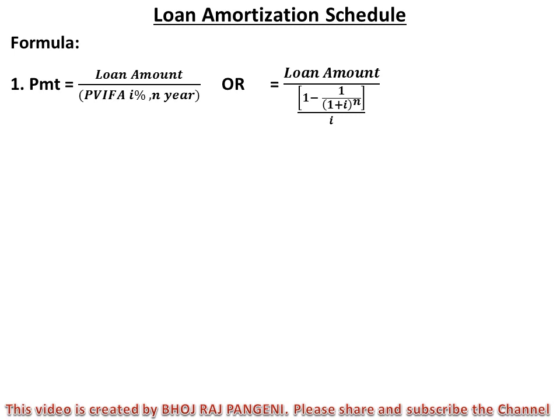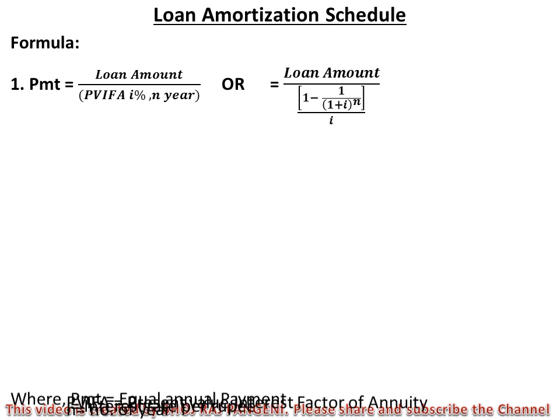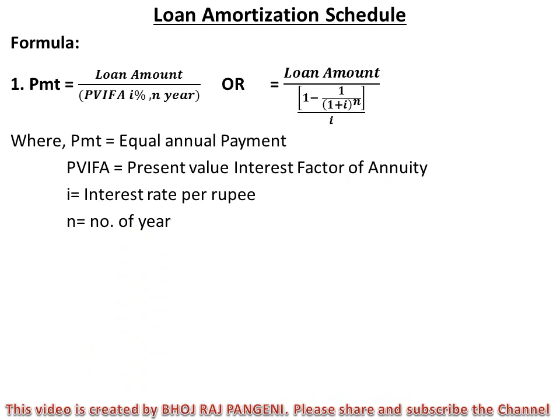If you have a financial table, the value of PVIFA at i percent for n years can be obtained from it, and you use the easiest formula, loan amount divided by PVIFA. PMT means the equal annual installment or payment, also known as the installment.